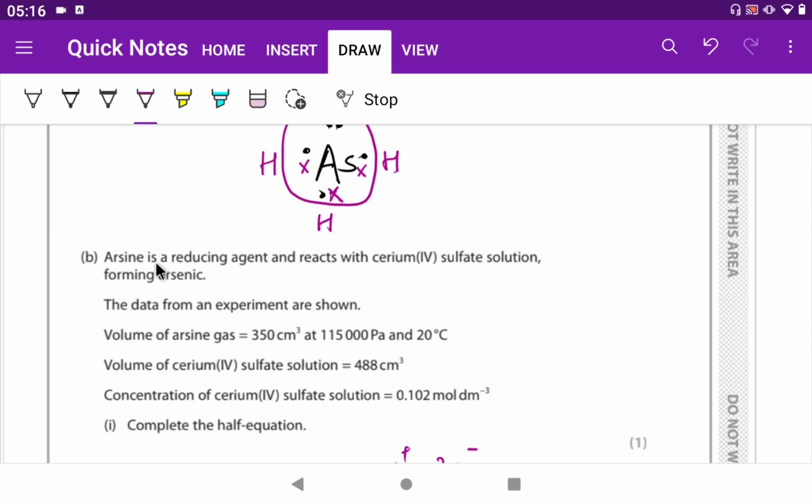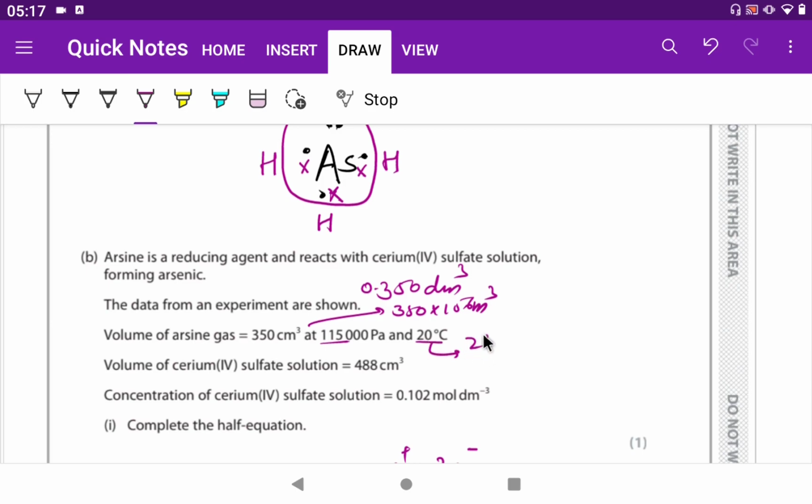The B part: arsine is a reducing agent and reacts with cerium(IV) sulfate solution forming arsenic. The data from an experiment are shown. The volume of arsine gas is 350 centimeter cube, which we can convert to decimeter cube, 0.35 decimeter cube, or 350 times 10 raised to minus 6 meter cube, at this pressure in Pascal, and the temperature is this, so we have to convert it into Kelvin.